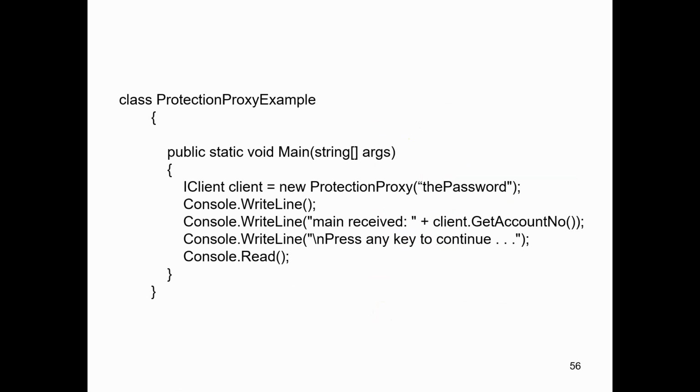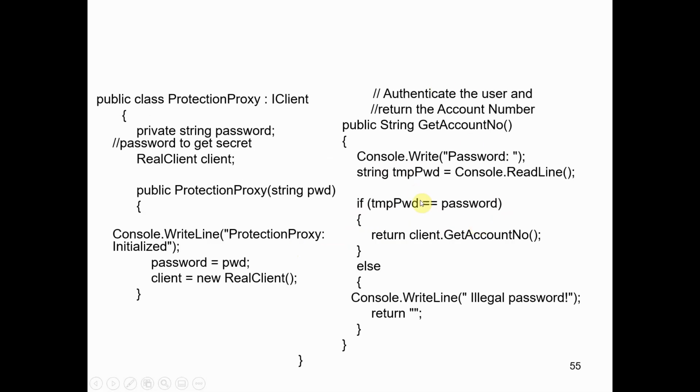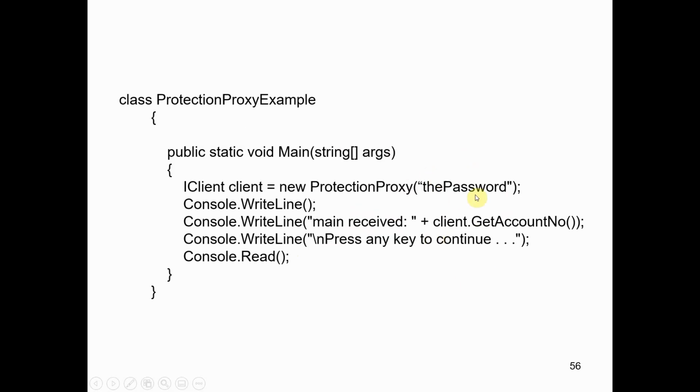And then in this client code, when you create the proxy, you already specify the correct password, and then the client will call get account number. It will go here to ask a user to enter a password, and then you compare if the password is identical with the password you assigned when you first created this proxy.